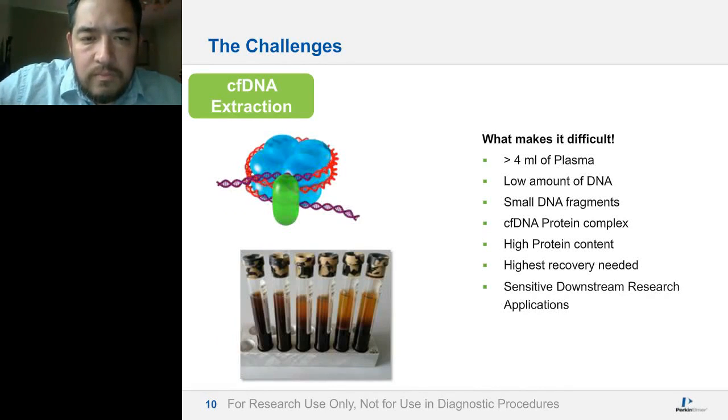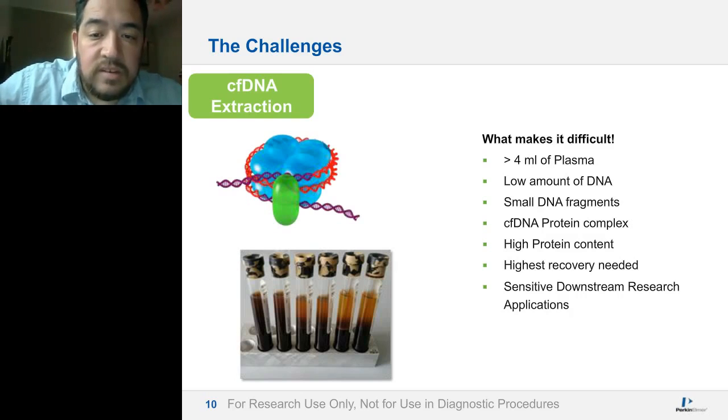So again, as I established earlier, there are definitely challenges to isolating circulating cell-free DNA from the samples. In many cases you're going to have more than 4 mL of plasma, a low amount of target circulating cell-free DNA, and small fragments.